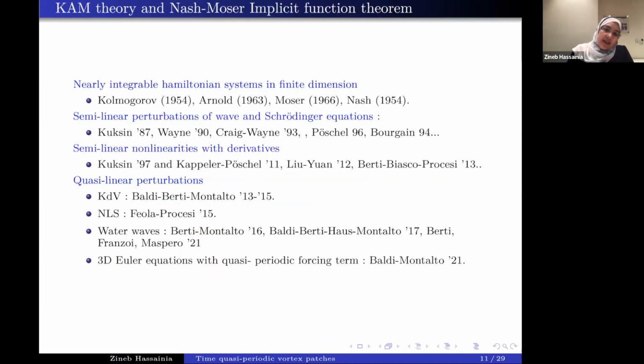Yeah, so the existence of quasi-periodic solutions to Hamiltonian systems in finite dimensions goes back to the pioneering work of Kolmogorov, Arnold, Moser, and Nash on the persistence of invariant tori for smooth and nearly integrable systems in finite dimension, and then the extension to infinite dimensional Hamiltonian systems with application to PDE was implemented by Kuksin, Craig, and Wayne for the wave equation and the Schrodinger equation.